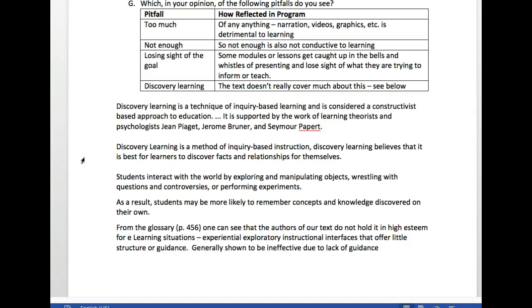But discovery learning is truly a technique that is based on learning theorists and some psychologists, Piaget, Bruner, and Papert. And they say that this is a constructivist approach to education, which means the learner is going to construct their knowledge. They are going to discover facts and build the knowledge that they think is the best for them.